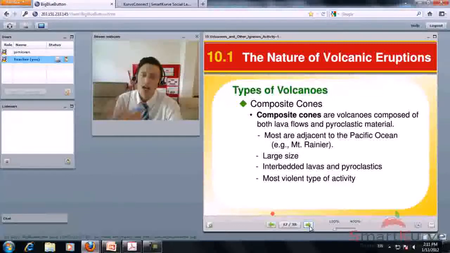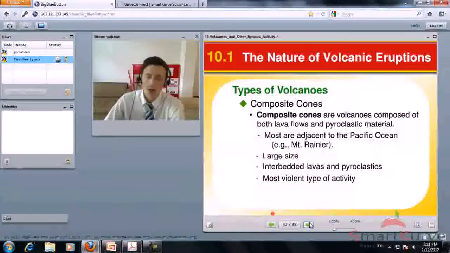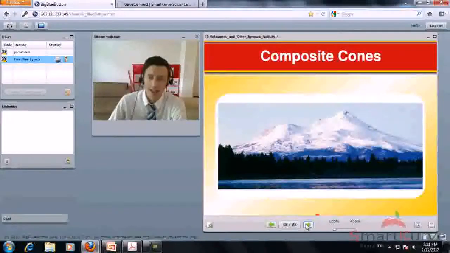These are going to be much larger volcanoes. Remember, our cinder cones were very small. Our composite cones are going to be much larger, and they tend to be the most violent. There's an example of a composite cone on slide 18.